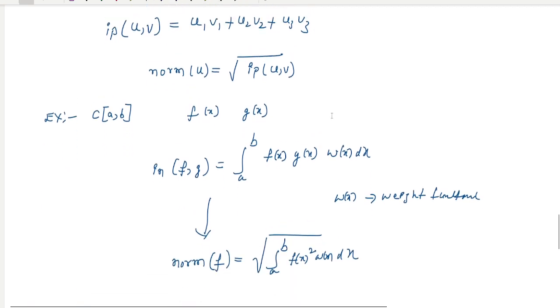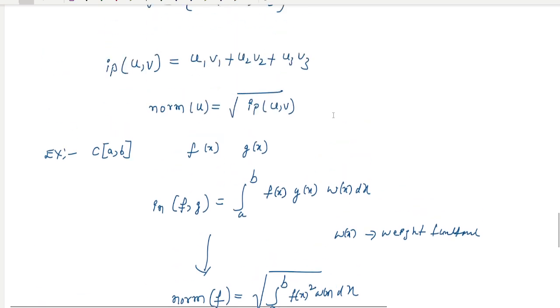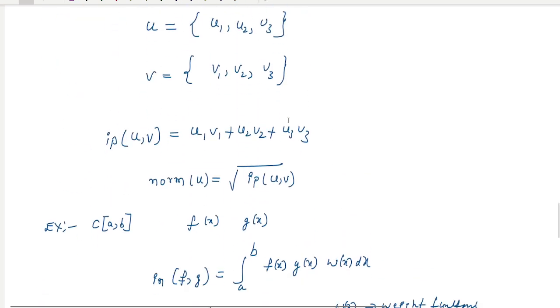These are the examples of the inner product of two vectors. Okay.